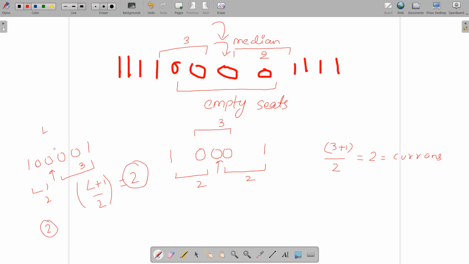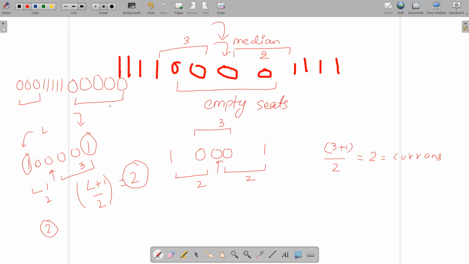So whenever there exists some consecutive segment of zeros and that segment of zeros is bounded by non-empty seats, you have to find out the ceiling value, right? And what will happen if that consecutive segment of zeros is not bounded by non-empty seats on both sides? It means that it is always occurring at the beginning of this array, like this one, or at the end of this array, like this one.